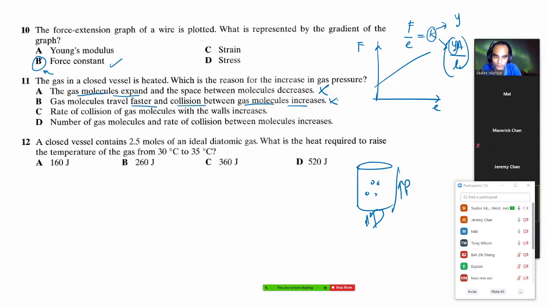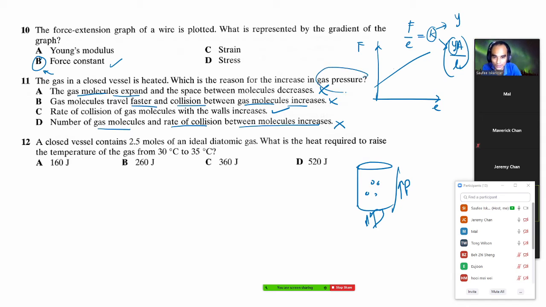How do we measure the pressure of the gas? It is because of the molecules of the gas hitting the wall, not the collisions of gas molecules with each other. So C, rate of collision of gas molecules with the walls increases. This one is correct. D, number of gas molecules and rate of collision between molecules increase, also not.